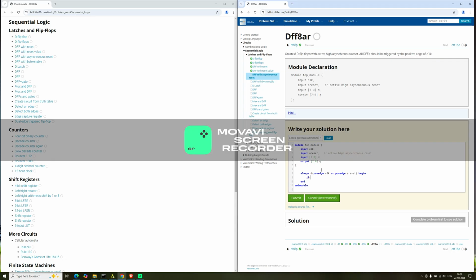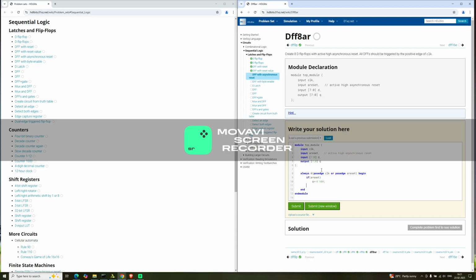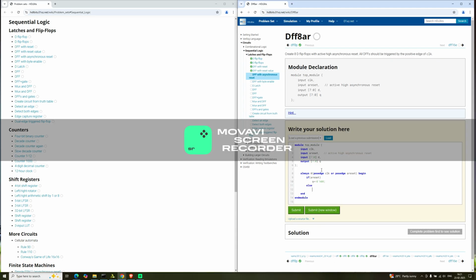So if reset is there, they haven't mentioned anything about reset value, so we are assuming it is 0. If it is out of reset, we will assign the value of D to the output. Let's see what it results.